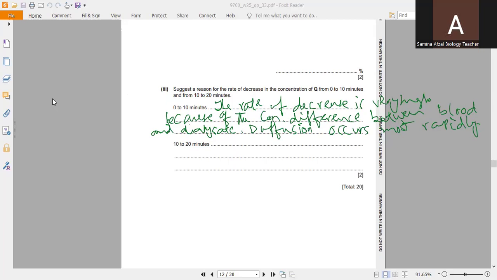Now from 10 to 20, the rate of decrease slows down. Because the molecules move into the dialysate, the concentration in the blood drops, so making the concentration gradient less steep.